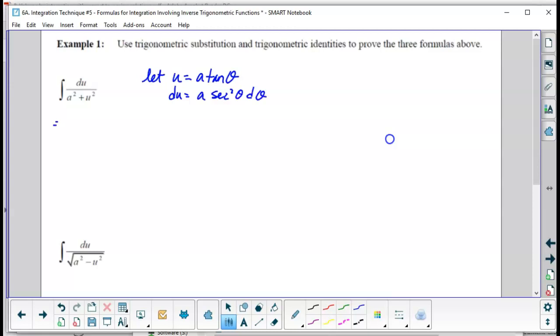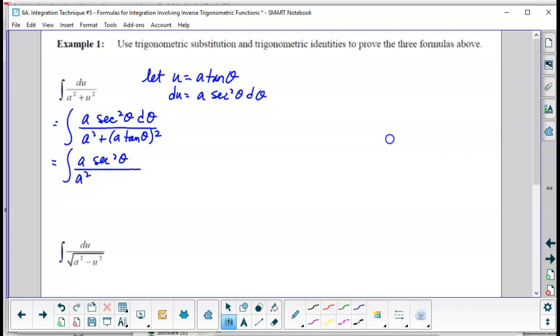Okay, so then here we'll have a secant squared theta d theta over a squared plus a tan theta all squared. So then we get a secant squared theta over a squared plus a squared tan squared when we expand that out. So I'm going to factor out the a squared. I'm going to put the d theta at the end.